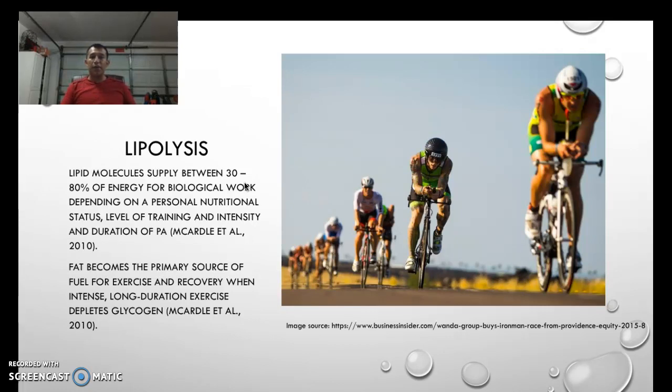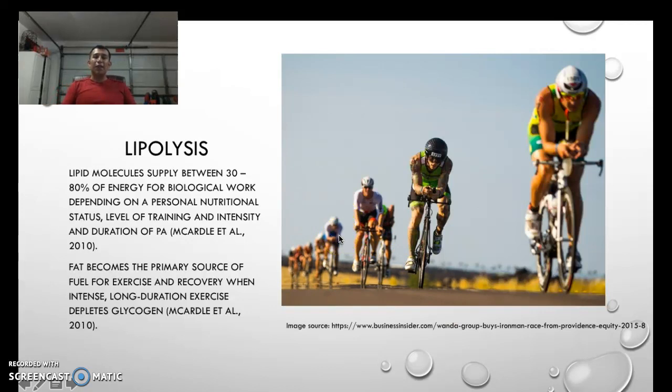For example, somebody doing an Ironman triathlon has to train their systems to utilize lipolysis more effectively to generate energy so they can complete their event. Fat becomes the primary source of fuel for exercise recovery when intense long-duration exercise depletes glycogen. So when glycogen is no longer there, then lipolysis is the main source of energy.